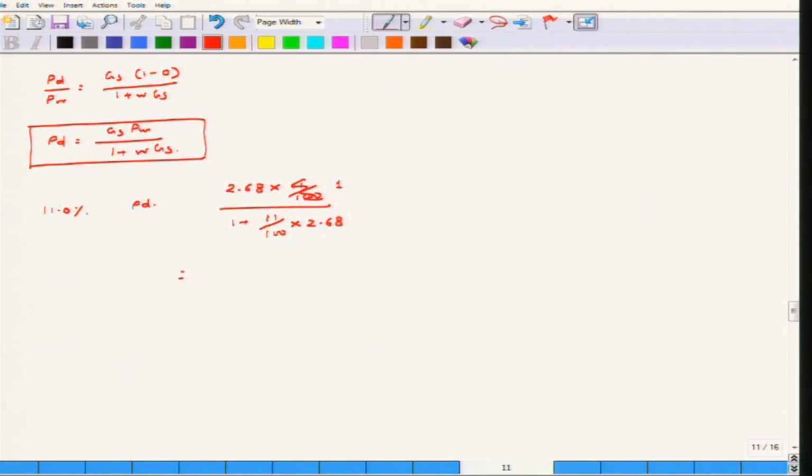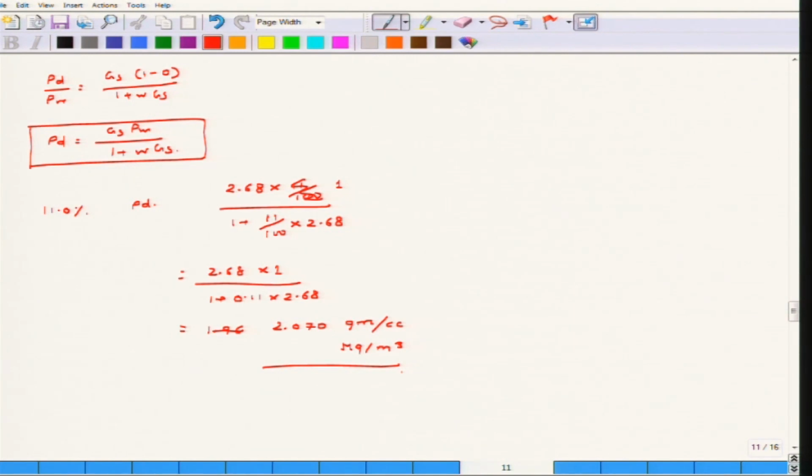Now this comes out to be 2.68 into 1 divided by 1 plus 0.11 into 2.68, which comes out to be 2.070 gram per cc or megagram per meter cube.